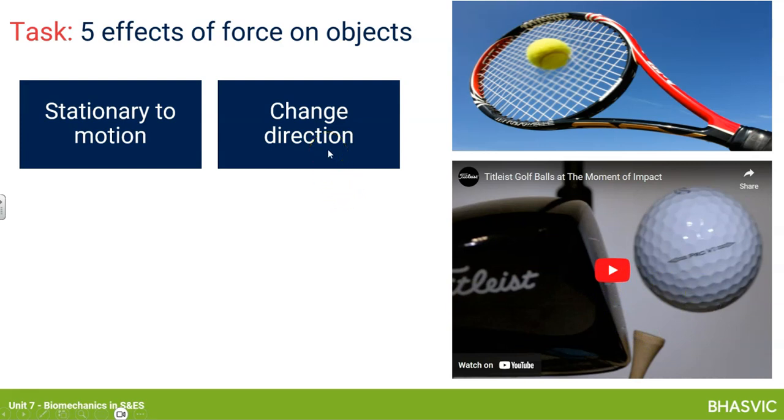You can change the direction of objects or athletes. So if this ball is approaching, the tennis racket applies a force to the ball, it can send it back in the opposite direction, changing the direction.